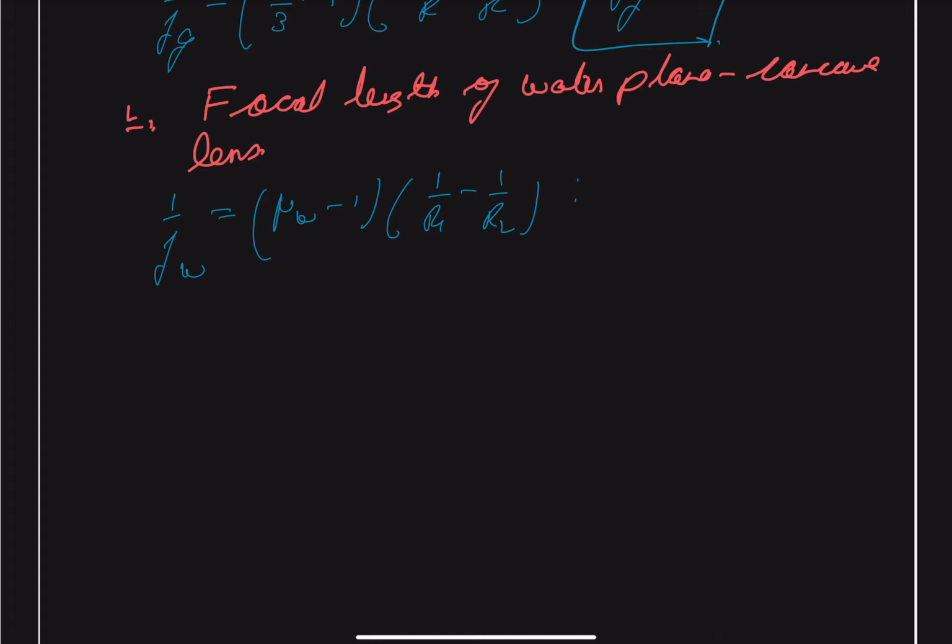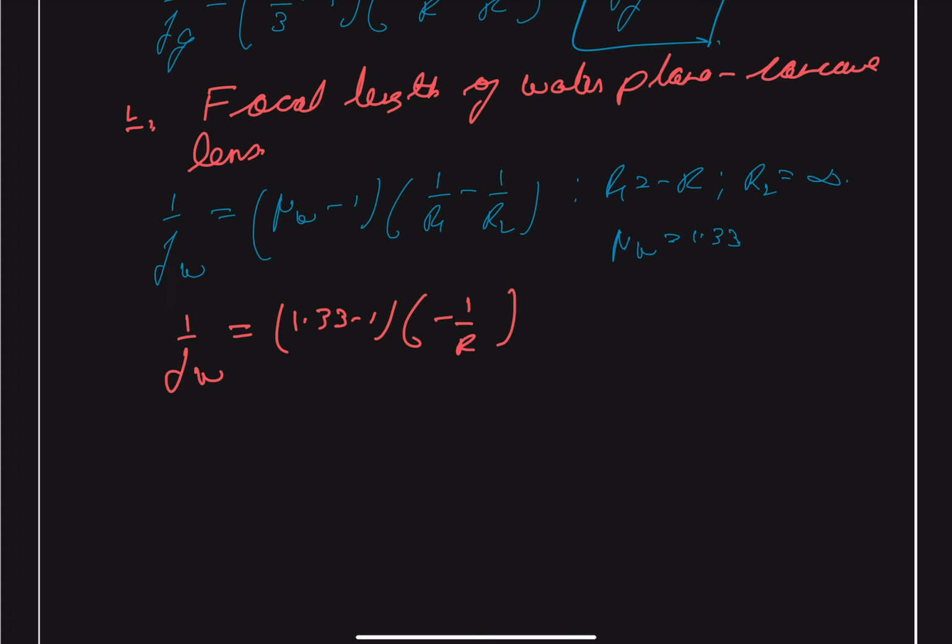Here one end is plane and the other is concave, so R1 is equal to minus R and R2 will be equal to infinity. For water it is given as 1.33 refractive index. So 1 upon Fw is equal to (1.33 minus 1) times (minus 1 upon R). This gives us 1 upon Fw is equal to minus 0.33 upon R.